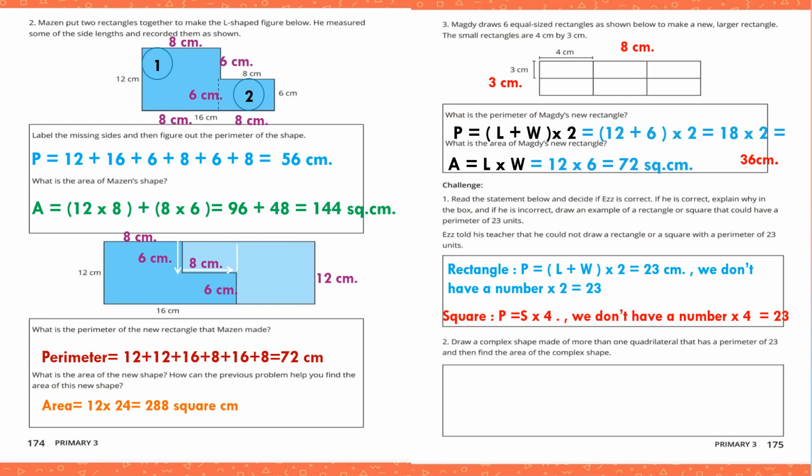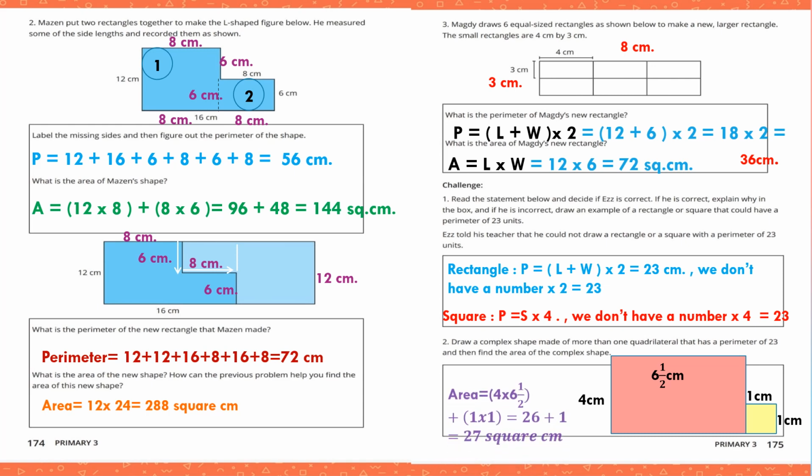Okay, let's try to draw a complex shape with perimeter 23. So the complex shape consists of two small shapes, a square and a rectangle. The square of side length 1 centimeter and the rectangle will be of length 6.5 centimeters and width 4 centimeters.